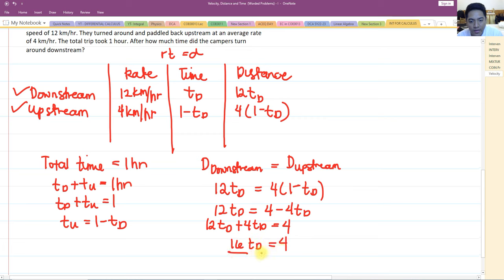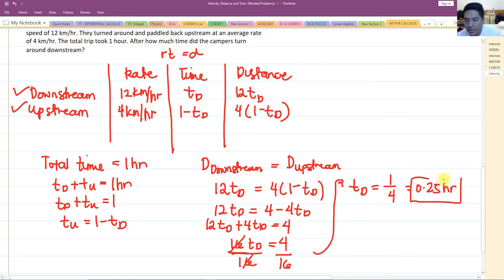So divide by 16. You have the time for traveling downstream, and that is 1 all over 4. In lowest terms, 4 over 16 is 1 over 4, or 0.25. One fourth of an hour is 15 minutes, but we have it in terms of hours, so we have 0.25 hours.